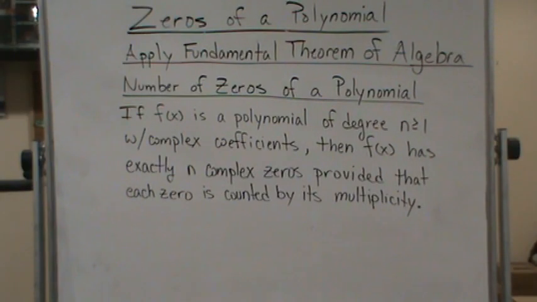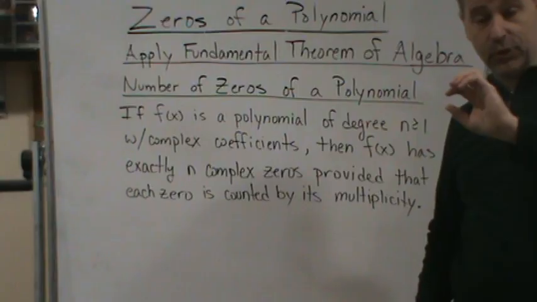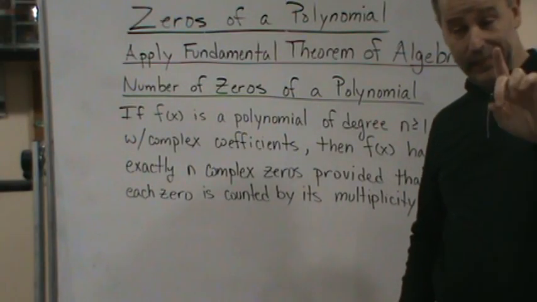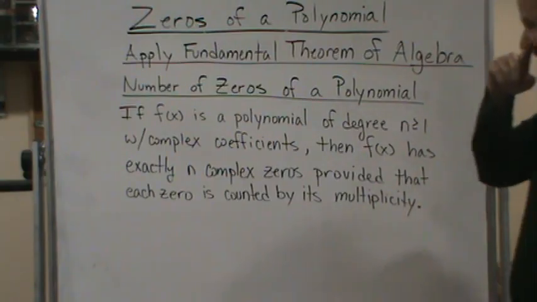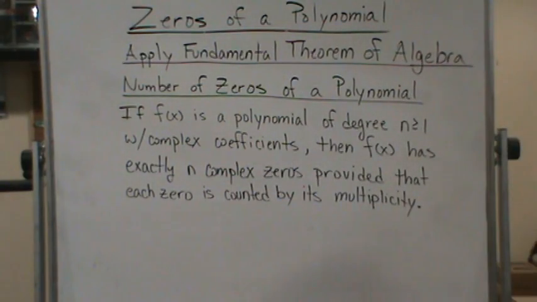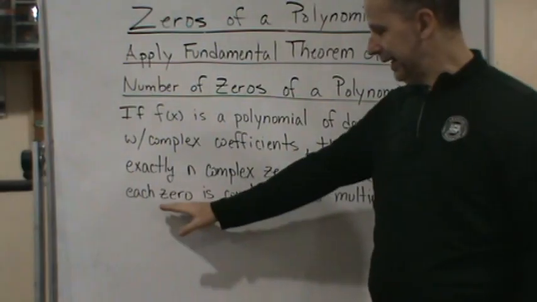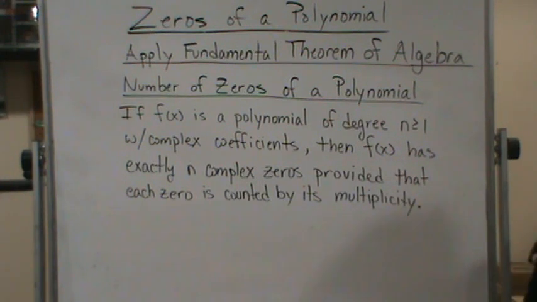Provided, because remember, in the linear factorization theorem, all of those c values are not necessarily unique, we count each zero by its multiplicity. So there are repeated roots, repeated zeros.